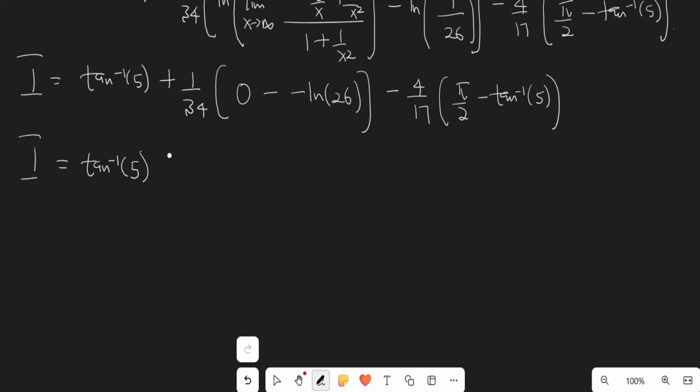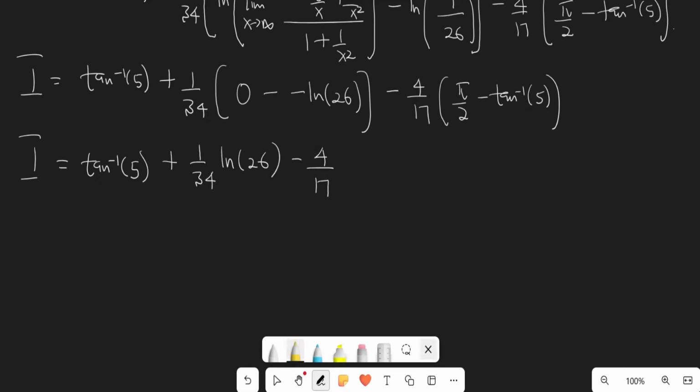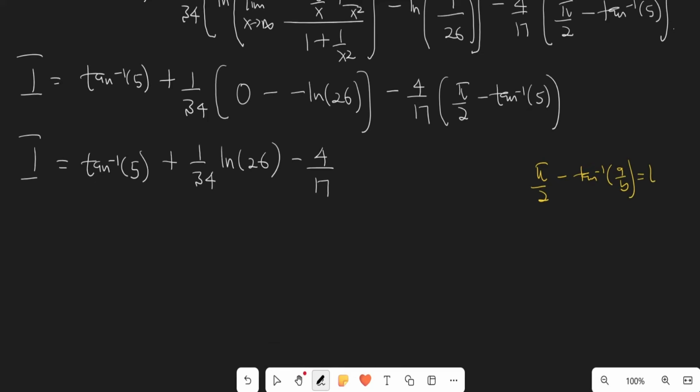So that is going to be plus 1 over 34 times the ln of 26, and now minus 4 over 17. This one, let's use this property, right? If you are having the pi over 2 minus the tan inverse of a over b, this is the same as the tan inverse of b over a, right?